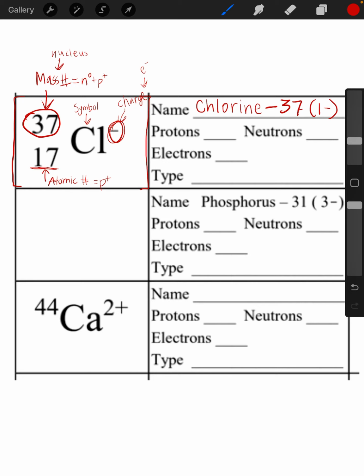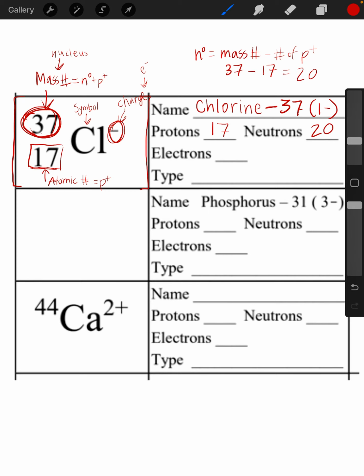Okay, the number of protons, again, is that bottom number. It's going to be the atomic number, so that's 17. To find our neutrons, it's going to equal our mass number minus number of protons. So mass number is right here, 37 minus 17 protons. That equals 20 neutrons.